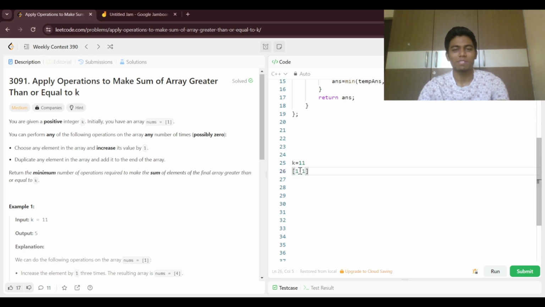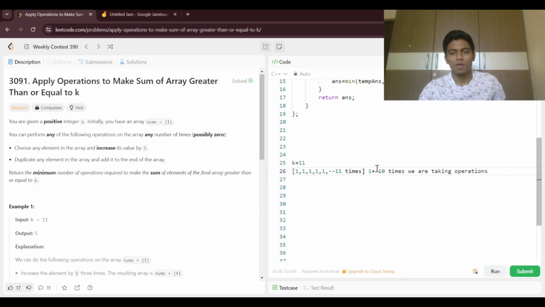After taking the steps like 1, 1, 1, 1 till 11 times, that means 1 plus 10 times we are taking operations. So initially we have 1 which is already present, and then we are going to make 10 such operations.